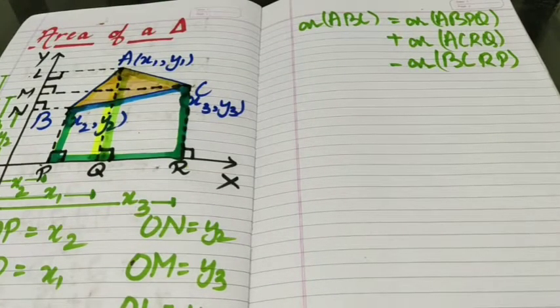Now to find the area of triangle ABC, we have to find the area of this trapezium, this trapezium and this third trapezium.